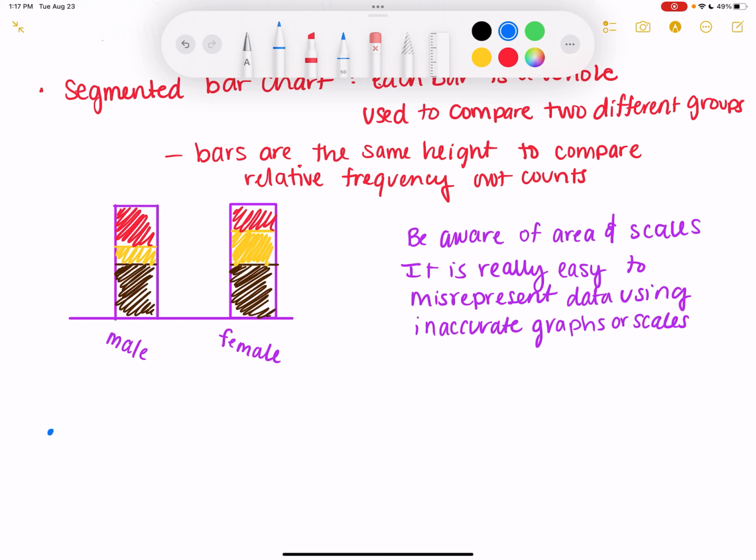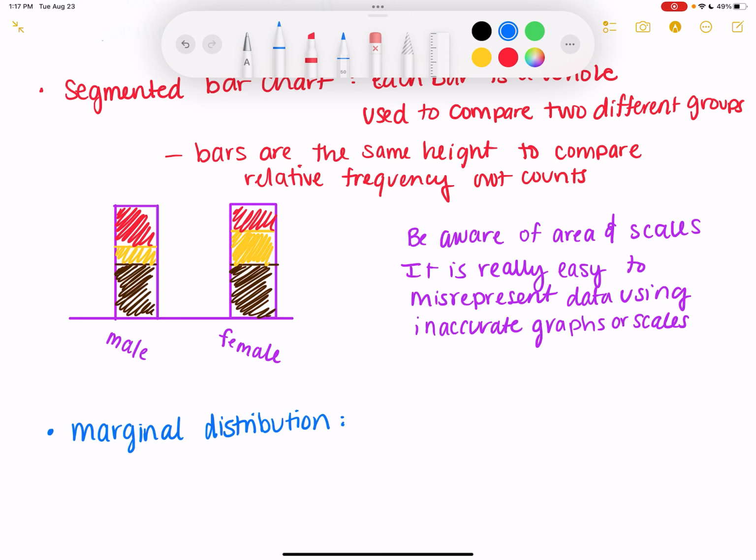So I mentioned marginal distributions earlier, but I want to actually give a definition for it, because it can be something that gets confused at times.